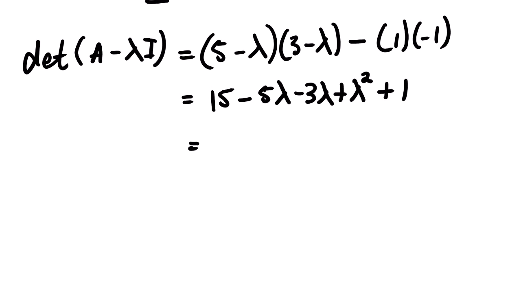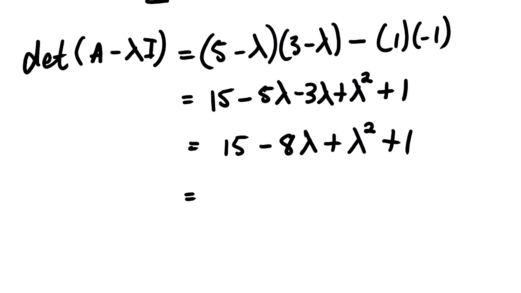Then from here we have 15 minus 8 lambda plus lambda squared plus 1. Then our characteristic polynomial is lambda squared minus 8 lambda plus 16.